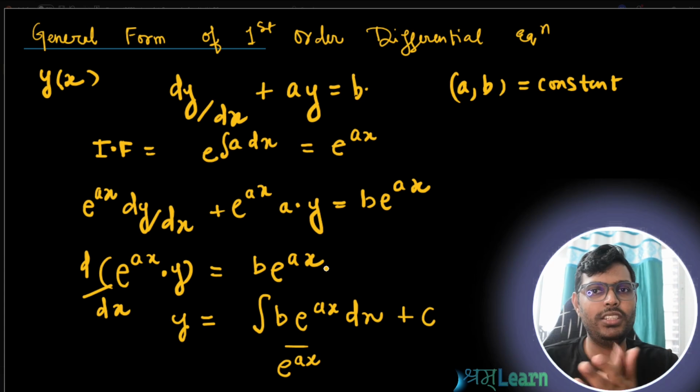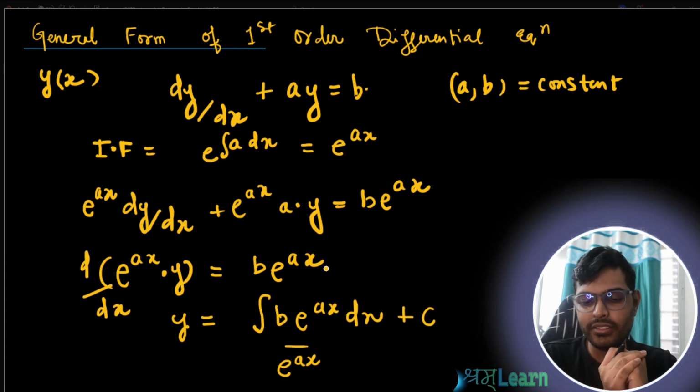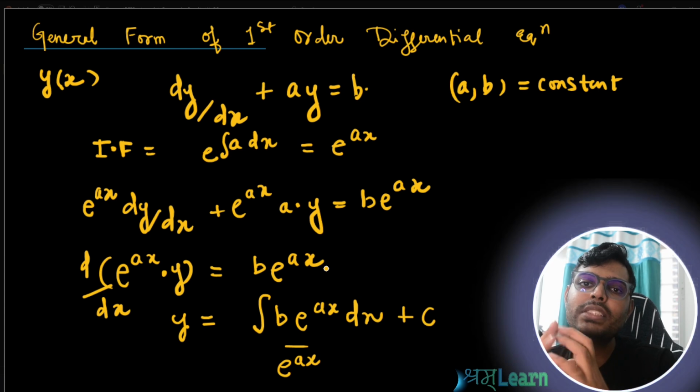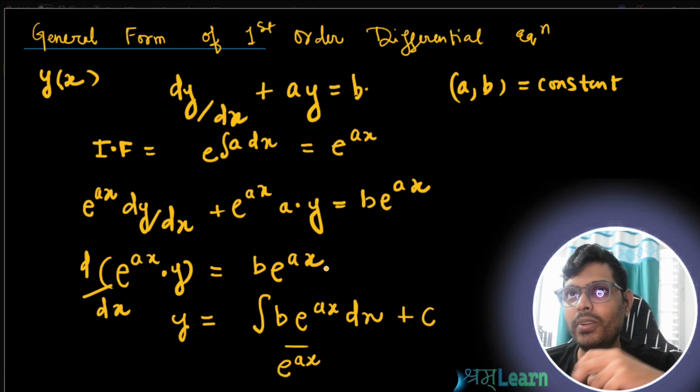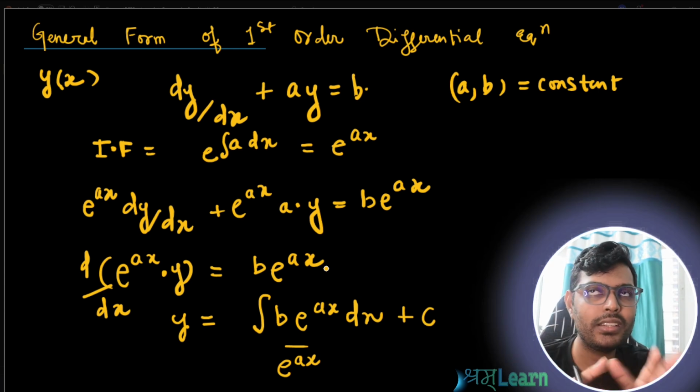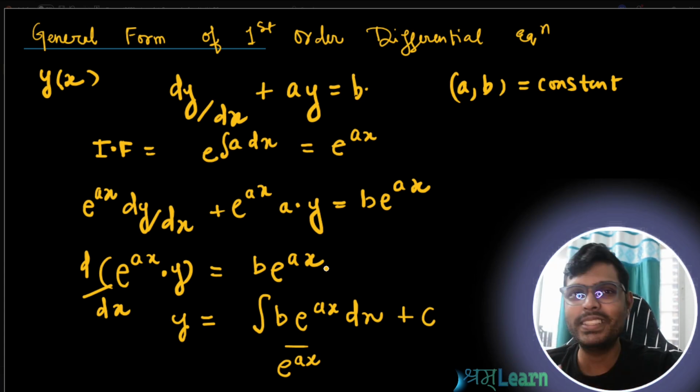So we can use pen and paper to solve differential equations of this kind. There are other first order differential equations which cannot be solved by pen and paper, or if we can solve them by pen and paper, it is very tedious.